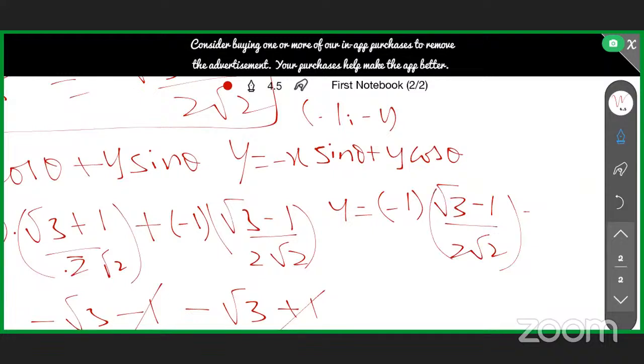So if you simplify, 2 root 2 is minus root 3 plus 1 minus root 3 plus 1. Sir, your voice is not clear. Sir, in the formula we have minus x sin theta, plus 1.